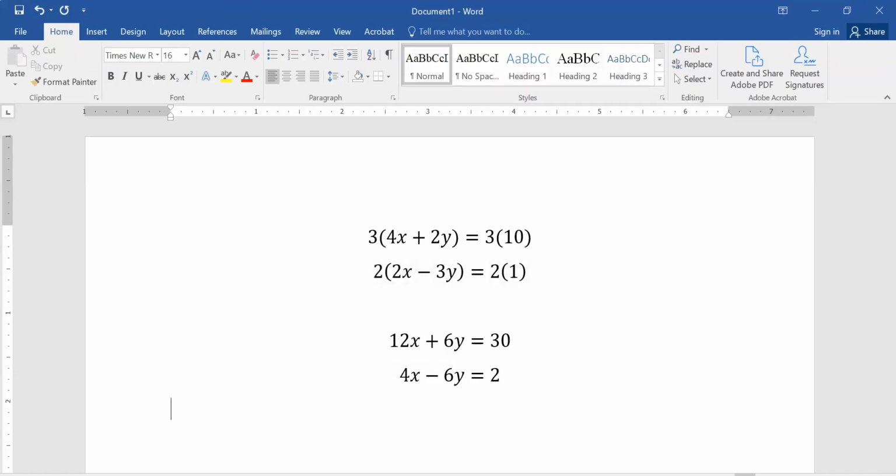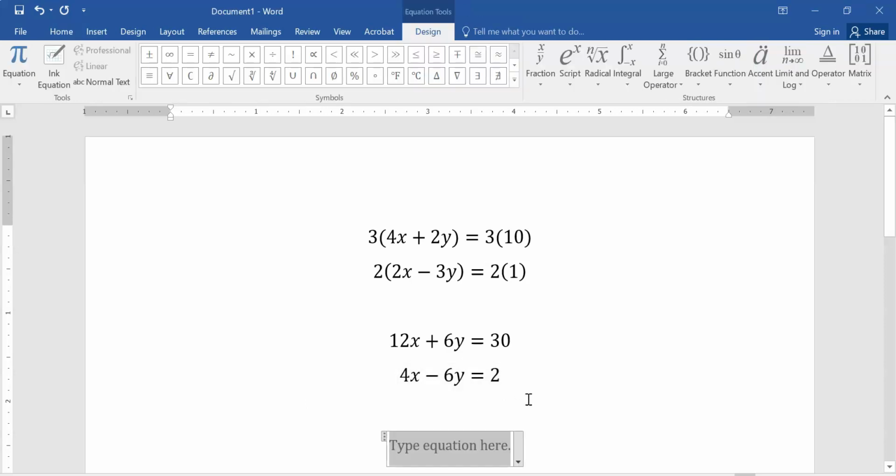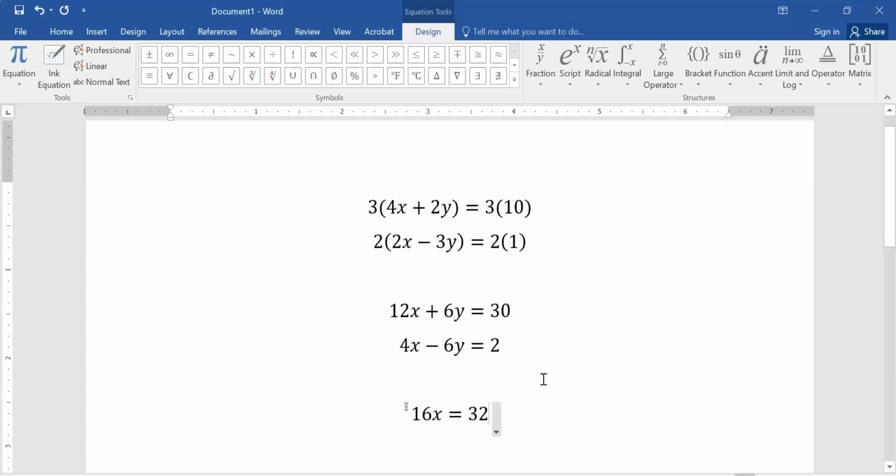Now we have opposite coefficients on the y's, so we can add things up. If you add 12x plus 4x, you get 16x. If you add 6y and -6y, you get 0. The equal signs stay the same. And then when you add 30 and 2, you end up with 32.